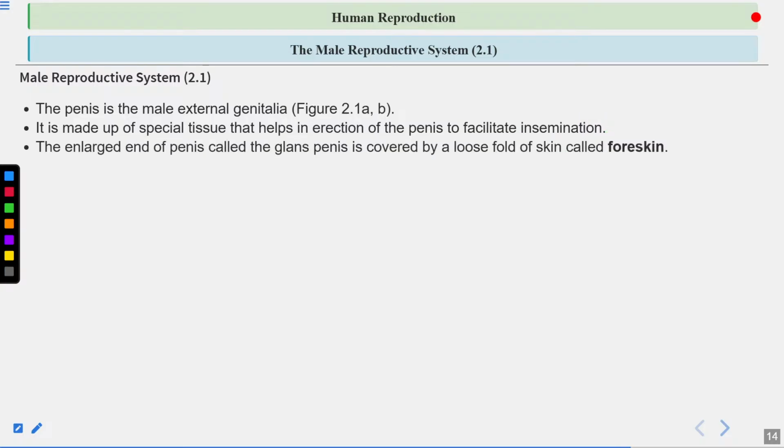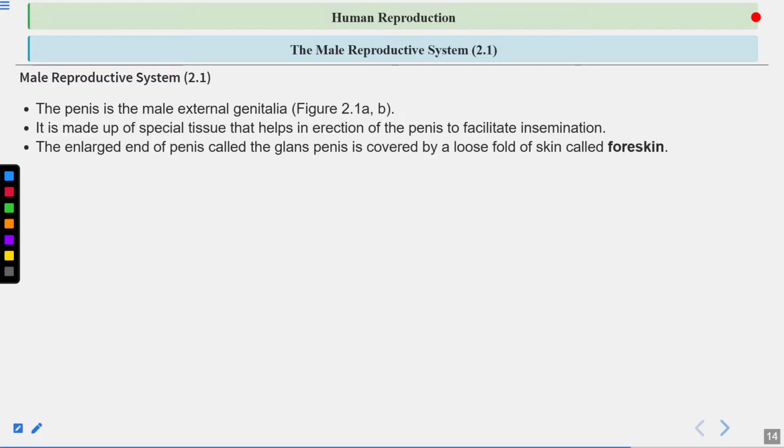Now the enlarged end of the penis, called the glans penis, is covered by a loose fold of skin known as the foreskin. In simple words, the glans penis is the head of the penis.